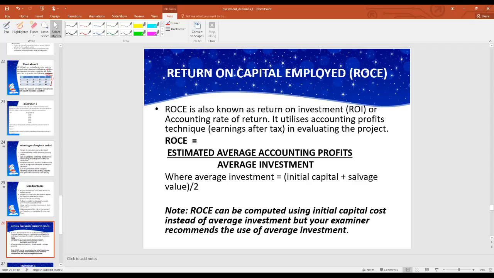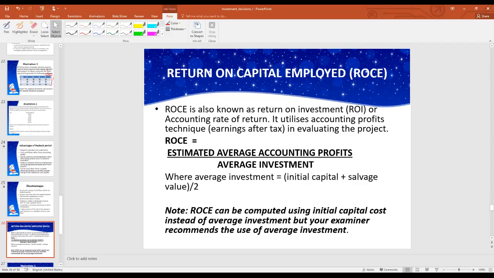We want to determine, for every dollar of initial investment we invested in the project, how much profit it has been able to make for the company.